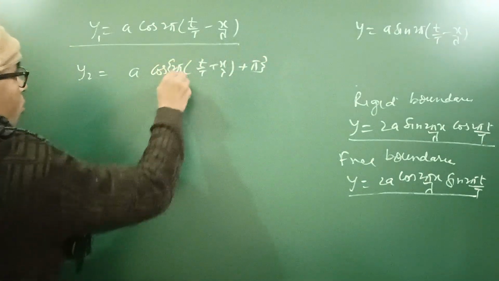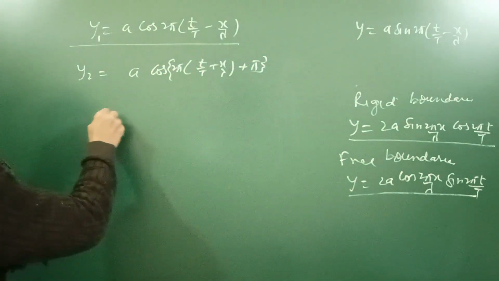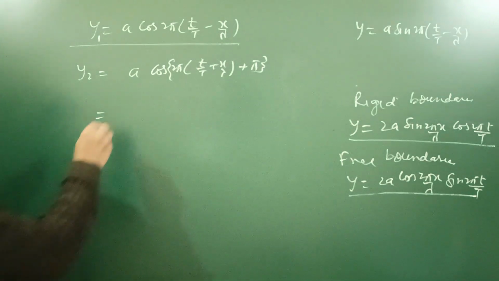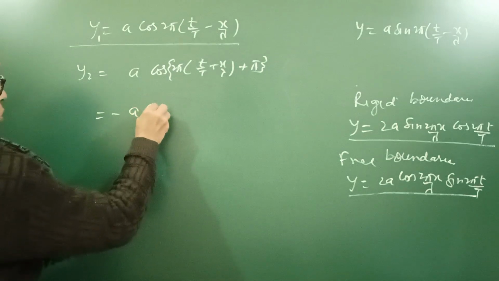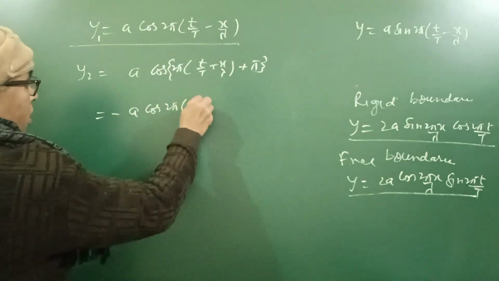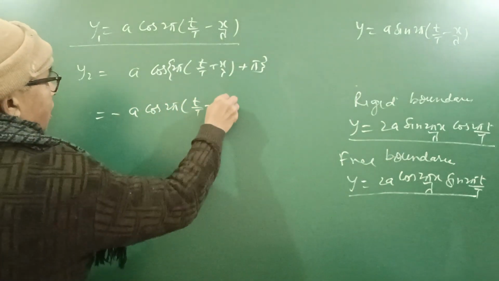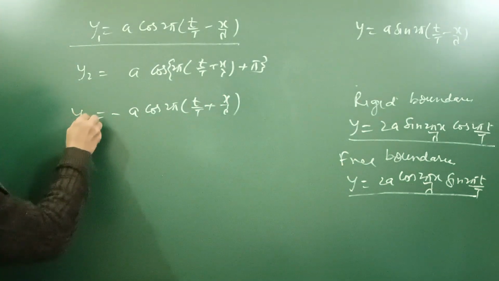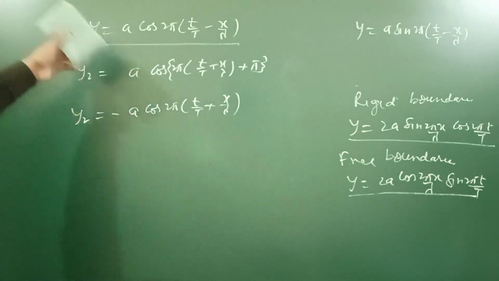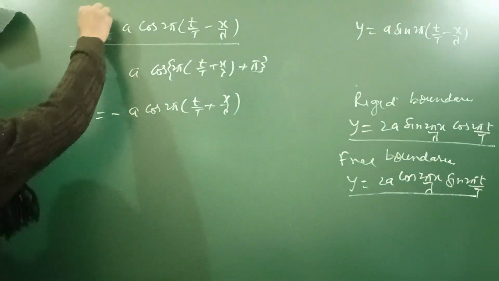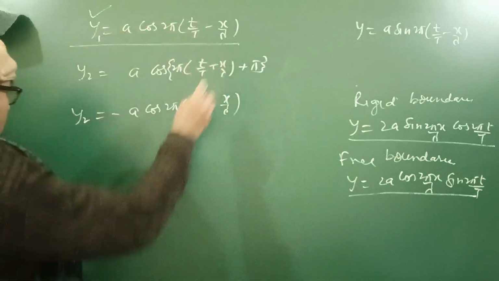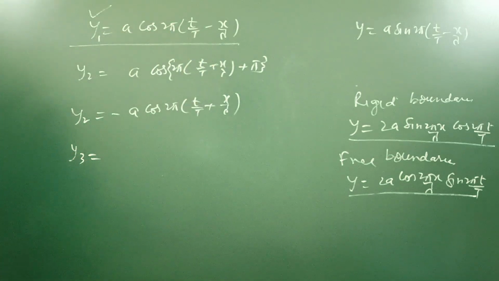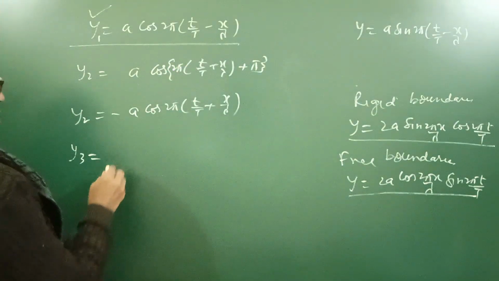Because in rigid boundary there occurs a change of phase of pi radian, and cos of 180 plus theta is equal to minus cos theta. It will be minus a cos 2 pi (t upon T plus x upon lambda). People ask these questions. Now if boundaries are free, then the equation of reflected wave y3 will be, there occurs no change of phase, only direction change takes place.